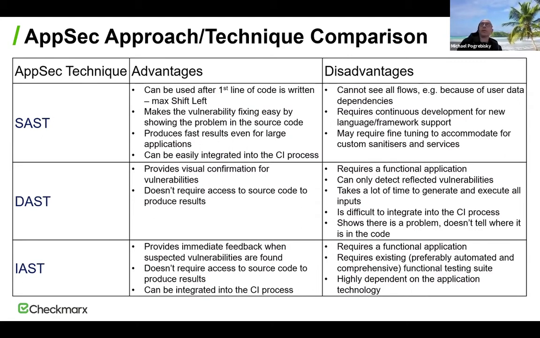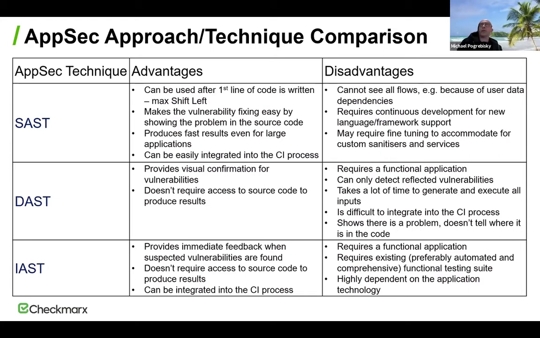Also, because the analysis is done on the source code, it's easy to understand what's wrong there, and easy to understand how to fix potential vulnerabilities. It's also a relatively fast process.